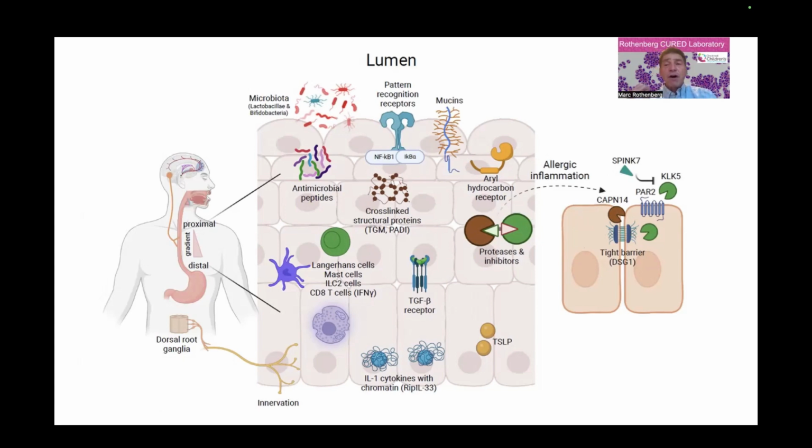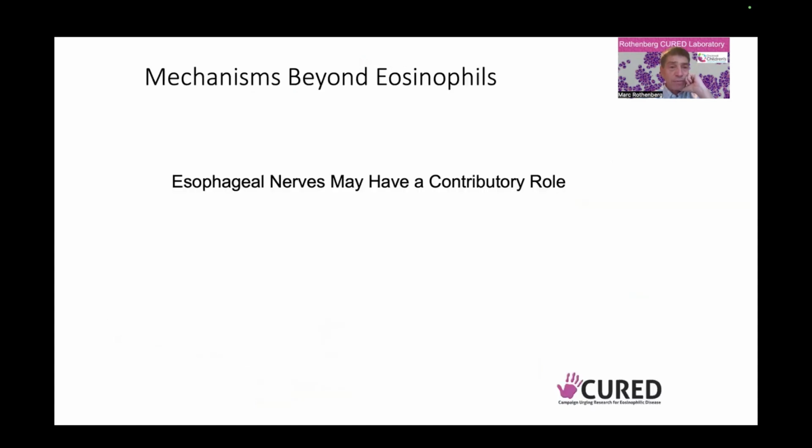And there's a number of other interesting features that allow the esophagus to normally respond to different events, traumatic events. But importantly, when there's a perturbation in the system, we think that sets up the individual for the development and propagation of the EoE inflammatory response.